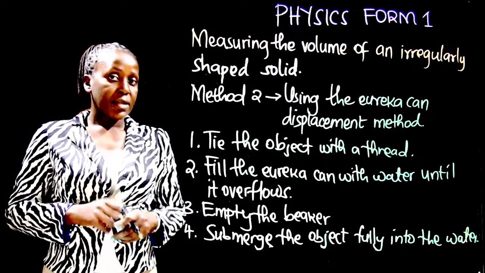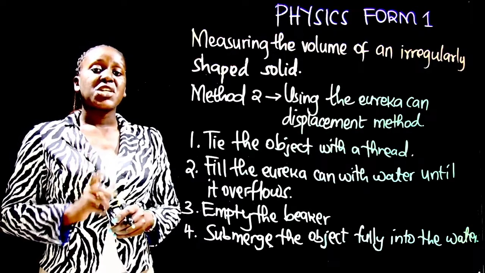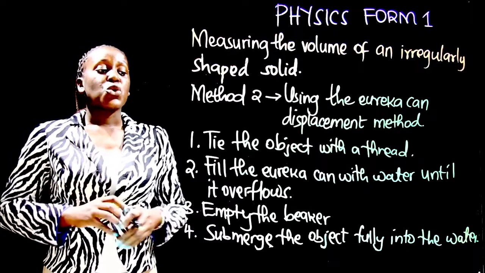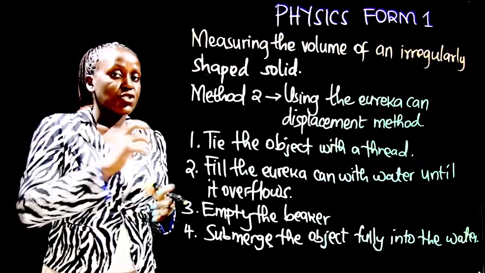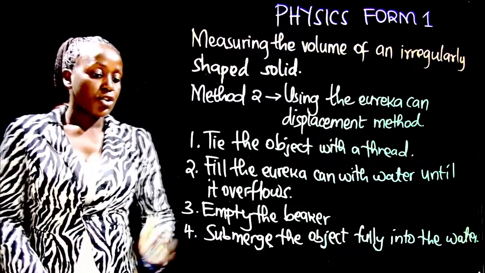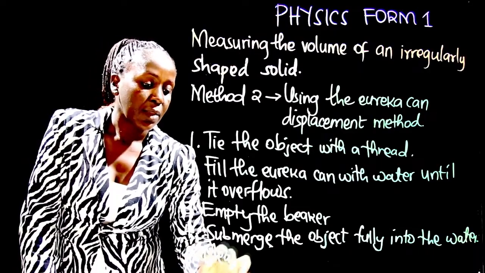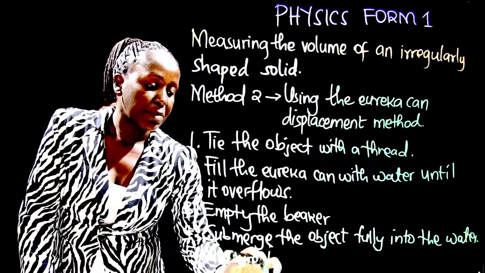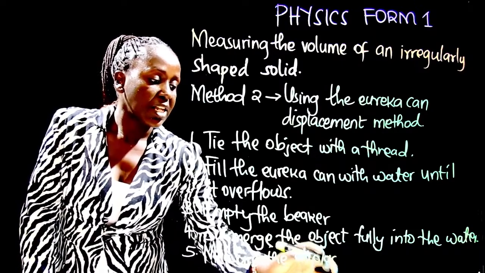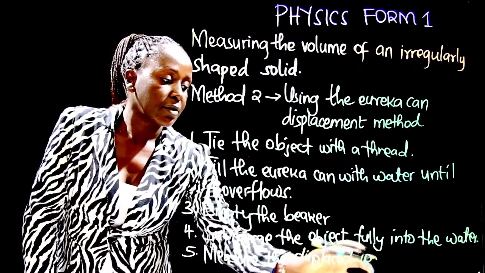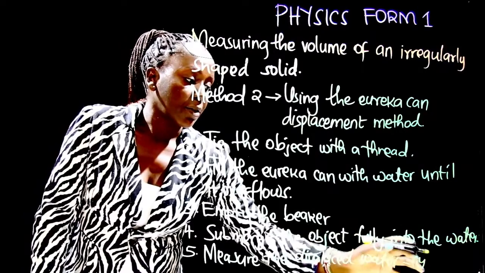But remember, a beaker is not the most accurate apparatus for measuring volume. So we will take the water inside the beaker and transfer it to a measuring cylinder. Step number 5 is to measure the displaced water using a cylinder.